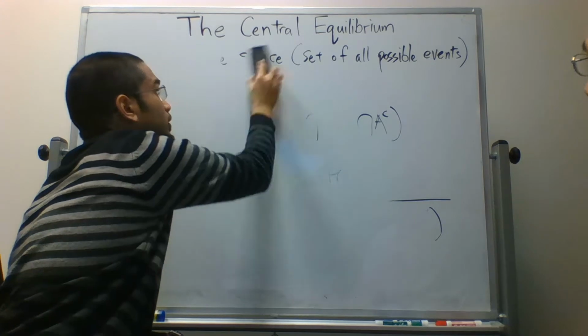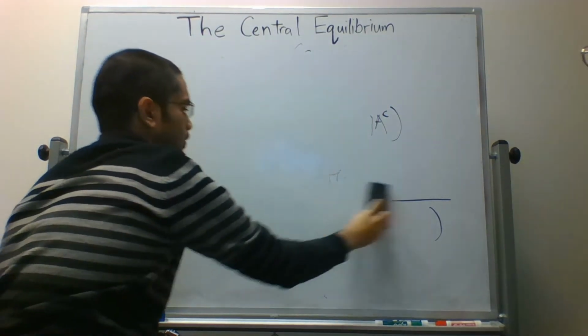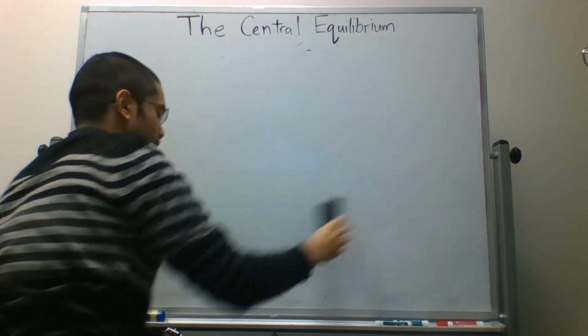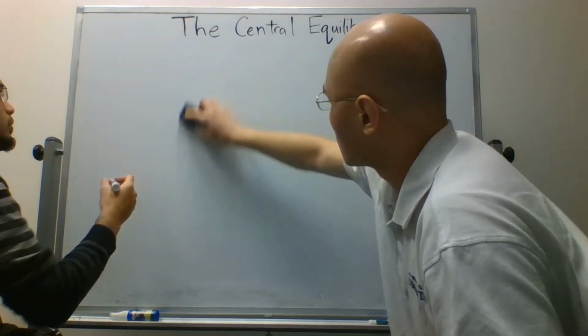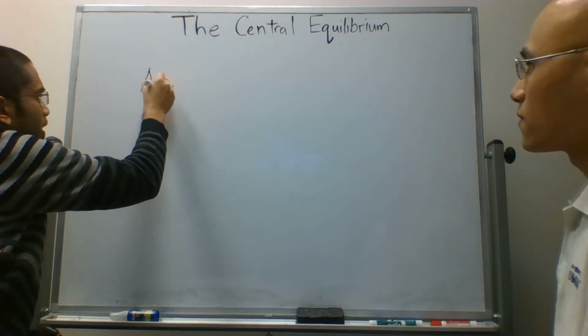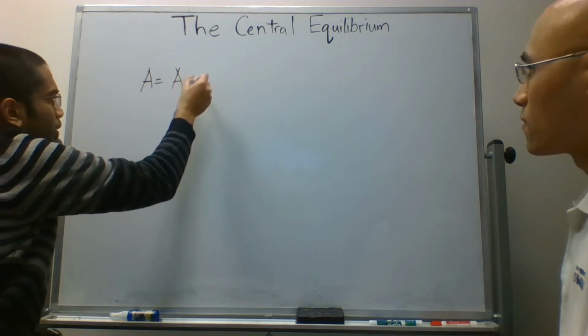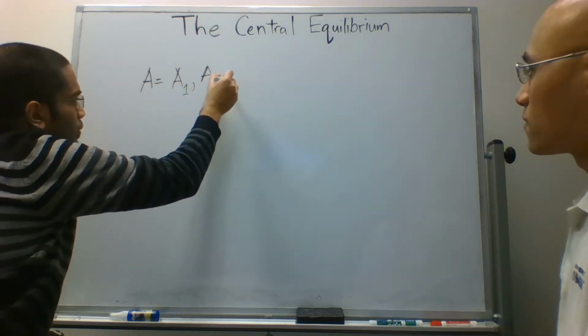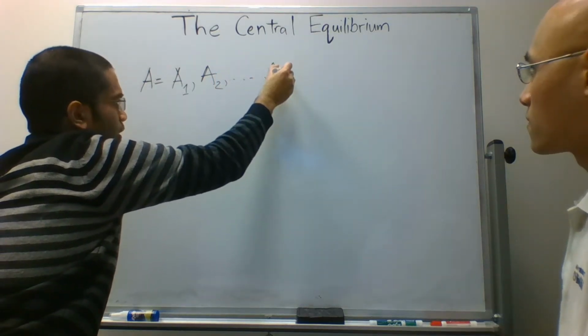Finally, we can write A as a random variable, where A can take on any sort of value, so it could be A1, A2, all the way up to AN.